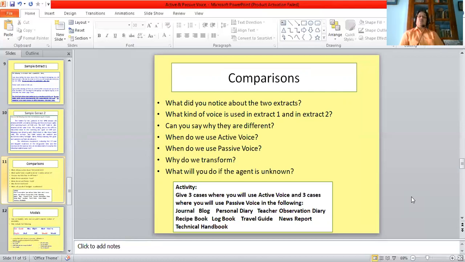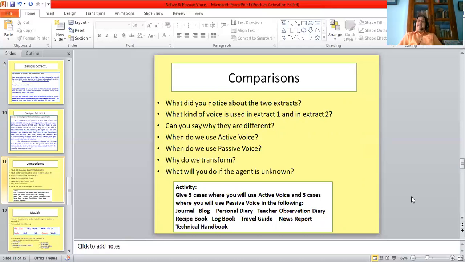Okay. So, when do we use the active voice? When the subject is to be made prominent, then we use the active voice. And when the agent is to be made prominent, then we use the passive voice. Okay? And sometimes we make this transformation in order to make it more prominent.